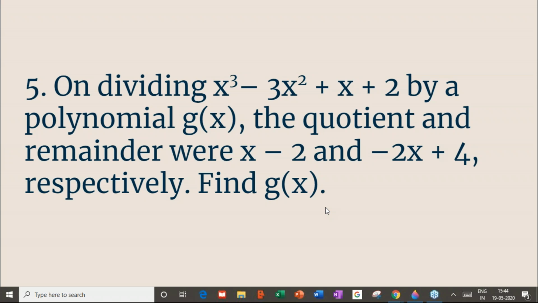Aradhya, I can dictate the question for you. So this question is on dividing x cube minus 3x square plus x plus 2 by a polynomial g of x. The quotient and remainder were x minus 2 and minus 2x plus 4 respectively. Find g of x.